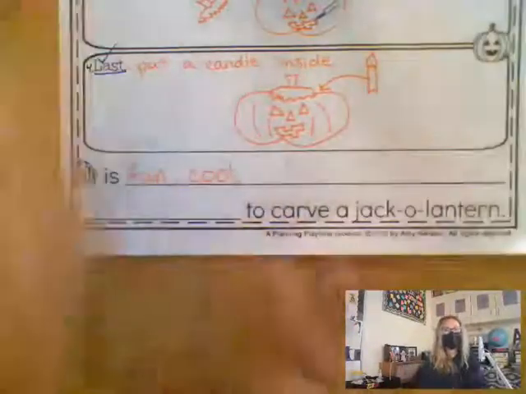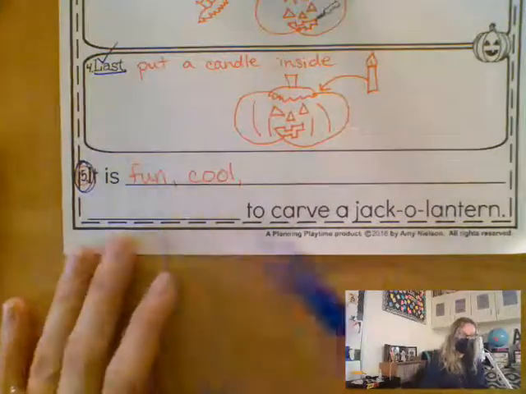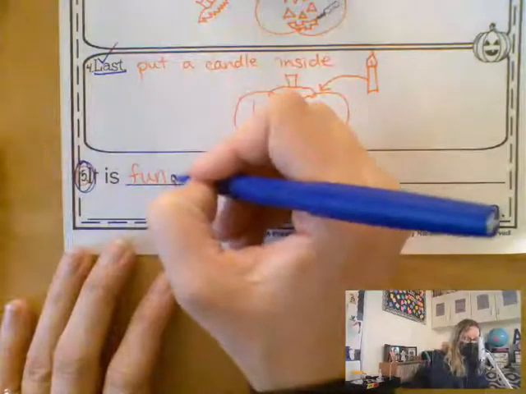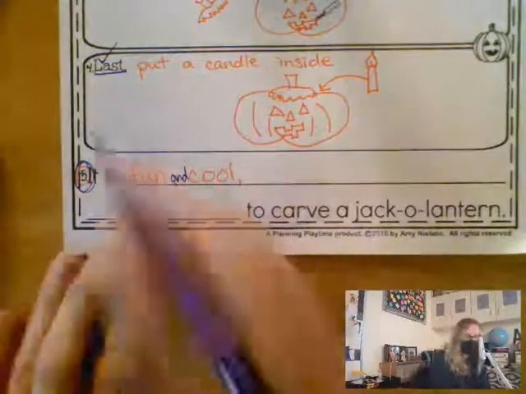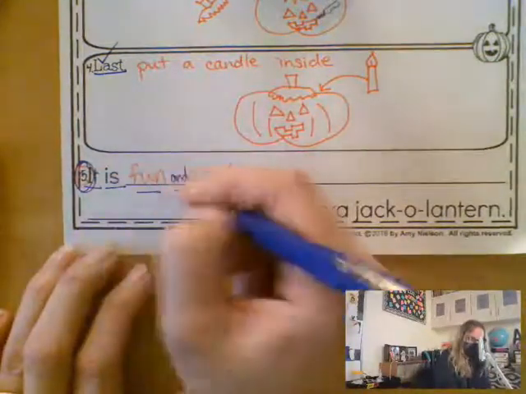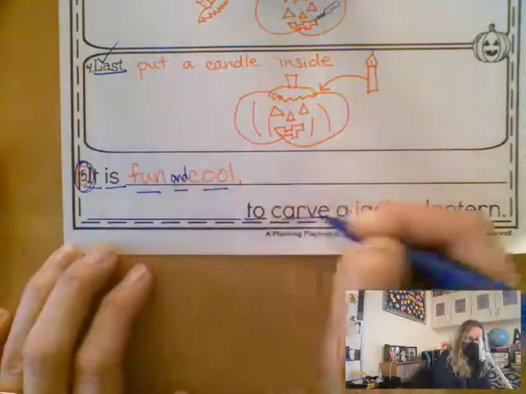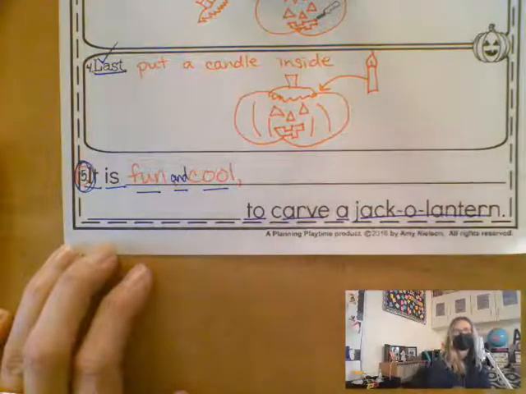Now, when I go to copy step 5, I'm not just going to write fun and cool, right? I said fun and cool. I have to write the whole sentence. It is fun and cool to carve a jack-o'-lantern. So you will write that whole sentence on your paper, okay?